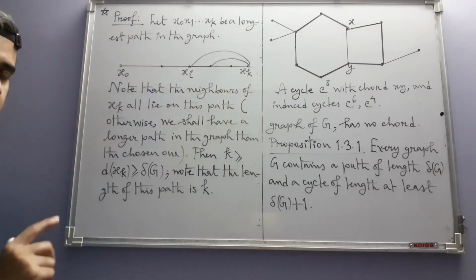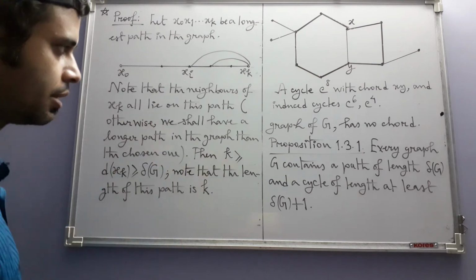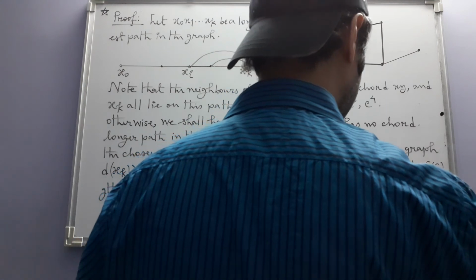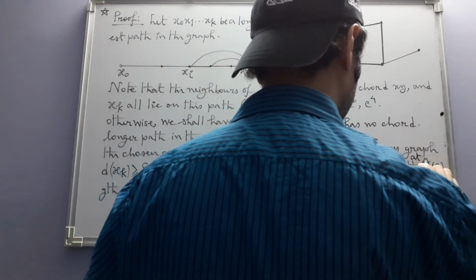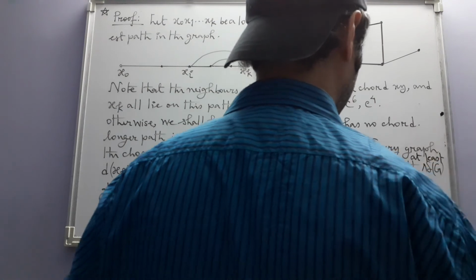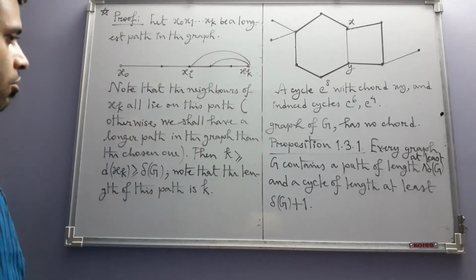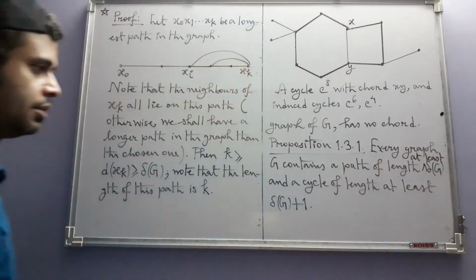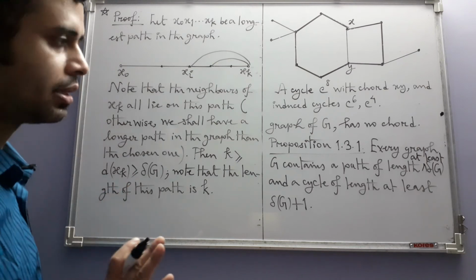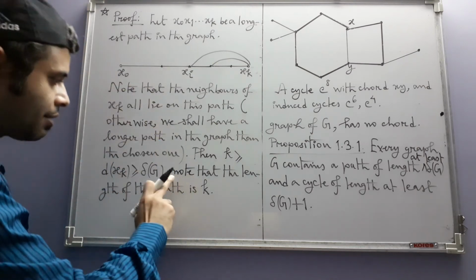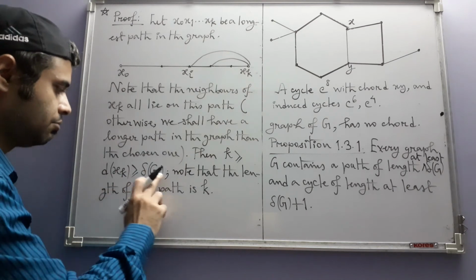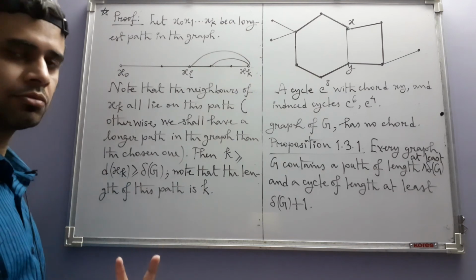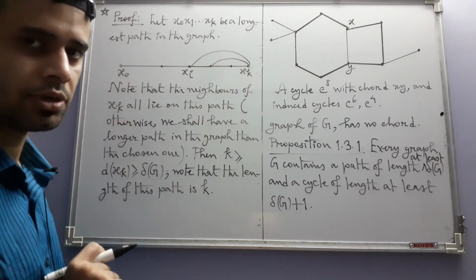Total number of vertices is k plus 1 minus 1. So this is k. I think here it should be at least, I am not sure whether I have taken this down correctly. If at least is not there, then fine, we have got a path of length k which is greater than or equal to delta G. So there you can find a subpath of length exactly equal to delta G.